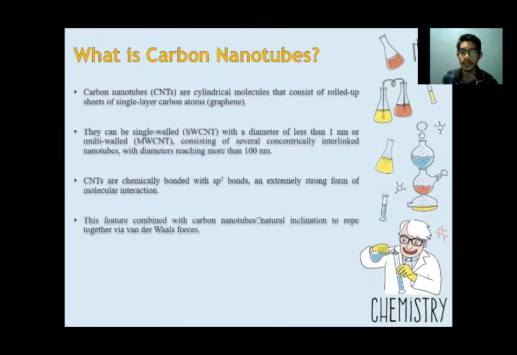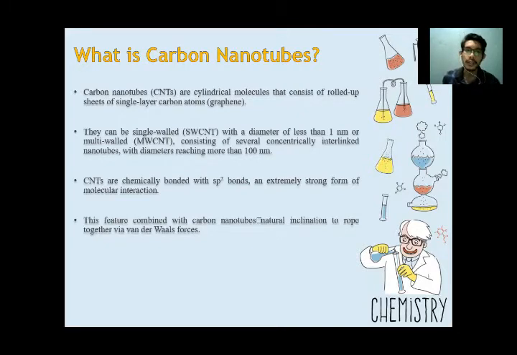In this presentation, I will say SWCNT for single wall, with a diameter of less than 1 nanometer, or multi-wall, which is MWCNT, consisting of several concentrically interlinked nanotubes with diameter reaching more than 100 nanometers.